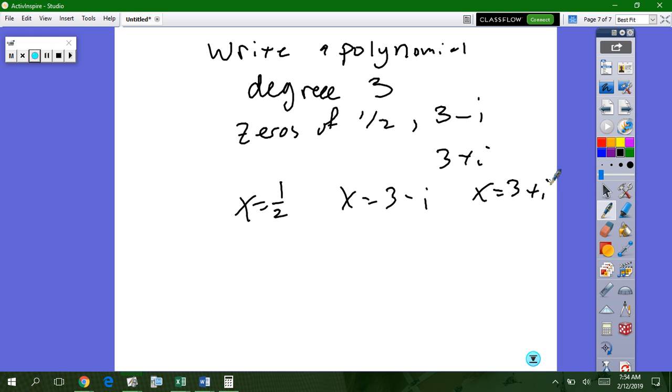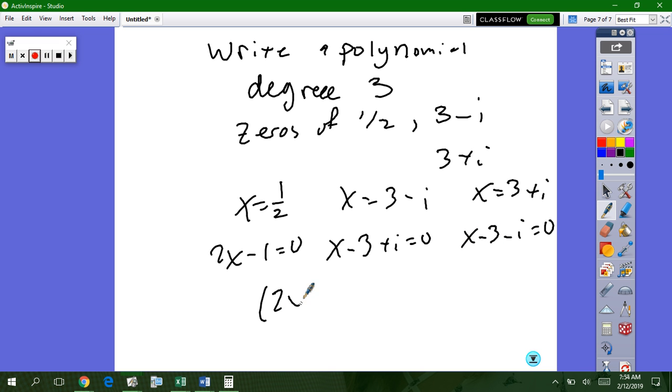By the way, we're going to times by 2 and subtract the 1. Does that make sense? I timesed by 2 and subtracted the 1. Yes, no? Feel good? Okay. Then this guy would be x minus 3 plus i equals 0, and x minus 3 minus i equals 0. So therefore, here are my factors.